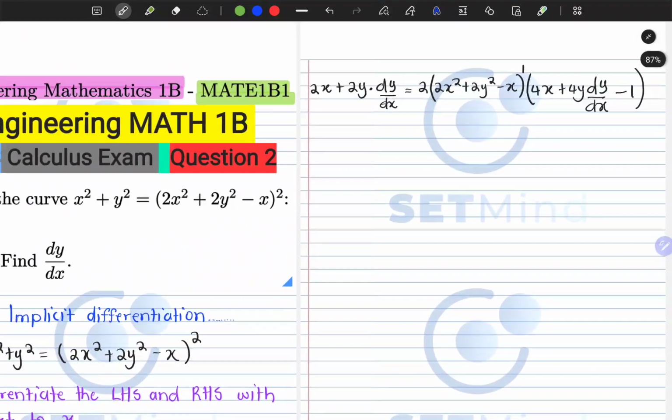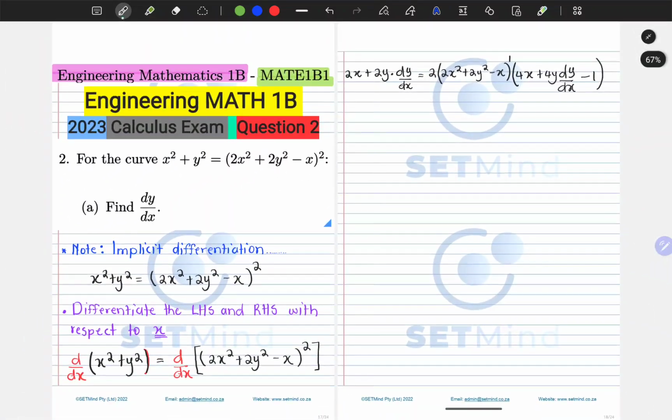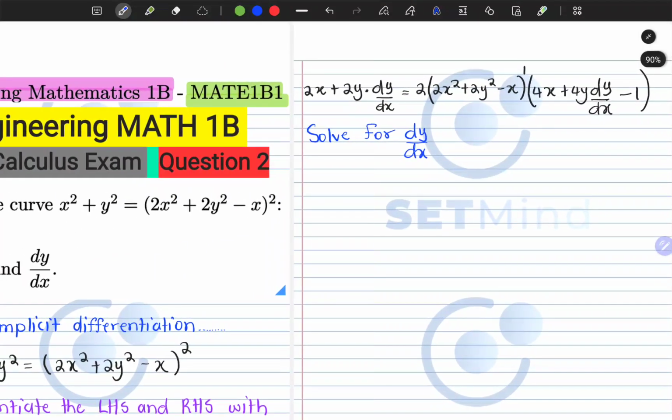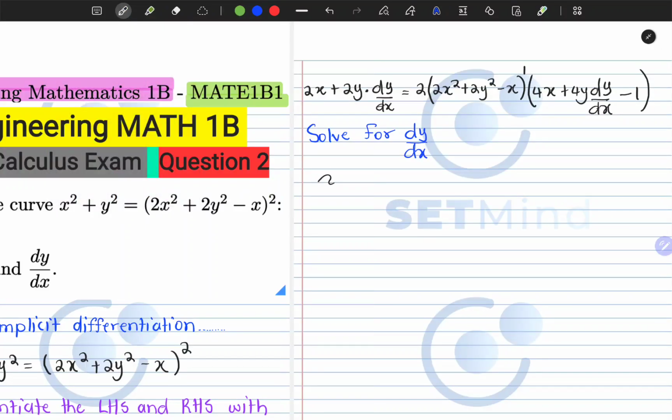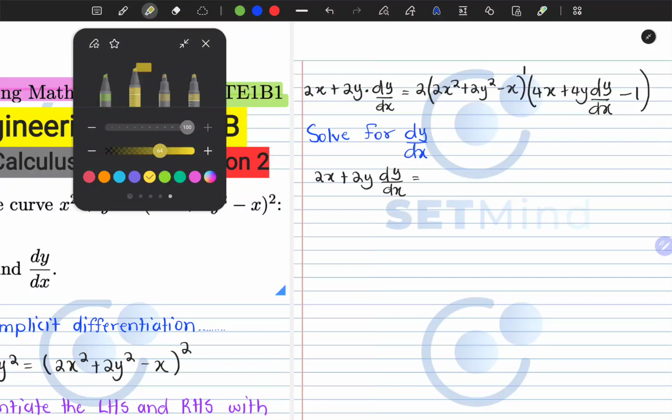Okay. So now all we need to do is solve for dy dx, which means we need to make it the subject of the formula. I'm going to keep the left-hand side as is, which will be 2x plus 2y dy dx. And this will be equal to, let me separate the brackets into 2.